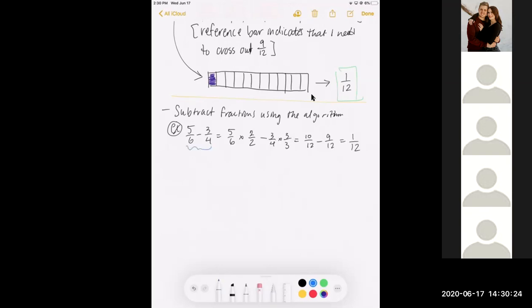So these 5/6 minus 3/4 are depicted in the original bars. The 2 over 2, why we're multiplying by 2 over 2 is because we need to find the same size pieces. So each piece of the 5/6 bar is subdivided in half.